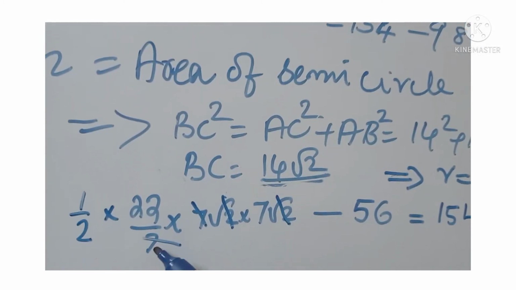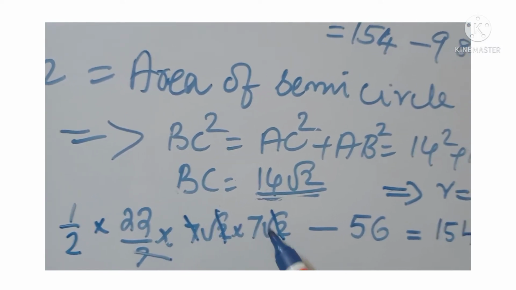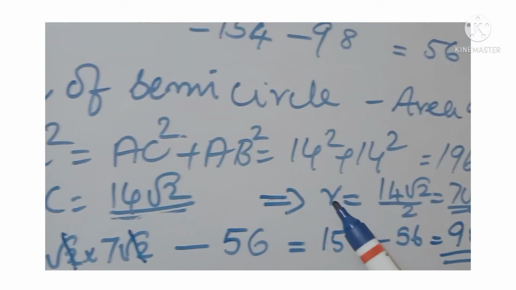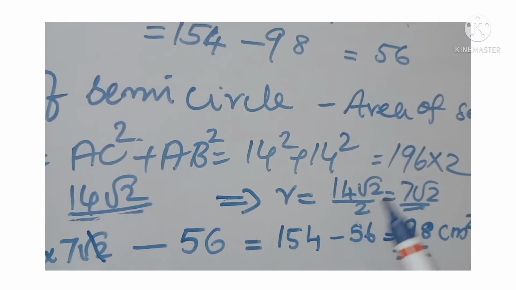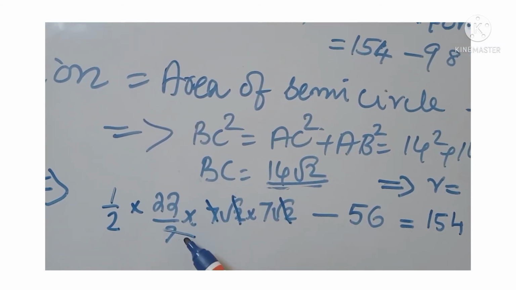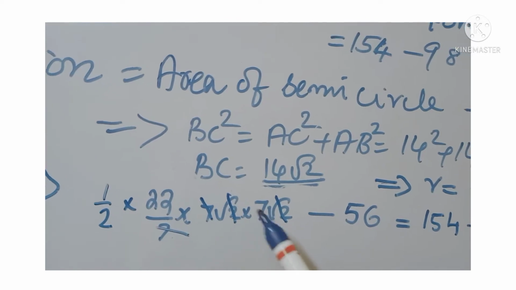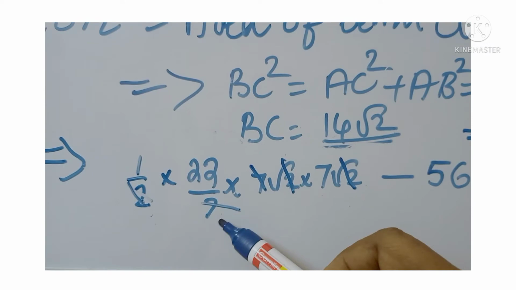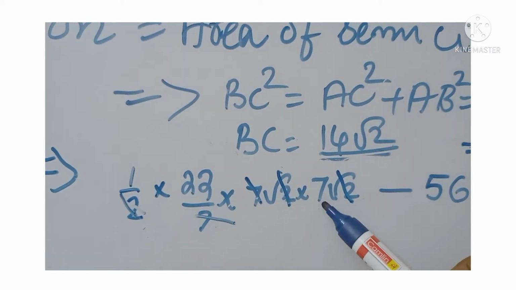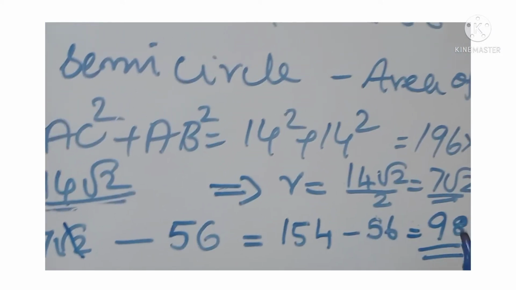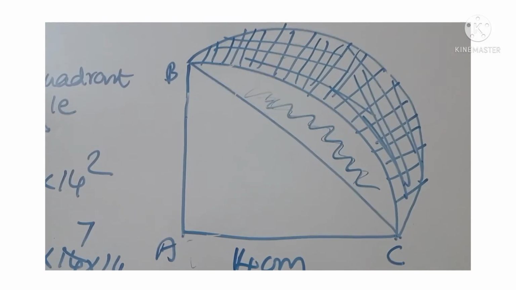Since the length of BC is 14 root 2, therefore r is equal to 14 root 2 by root 2, equal to 7 root 2. Therefore half into 22 by 7 into 7 root 2 into 7 root 2. We can cancel the 2 and root 2 and also one 7. Then we will get 22 into 7 minus 56. So it is 154 minus 56, therefore 98 centimeter square. That is the area of this shaded region.